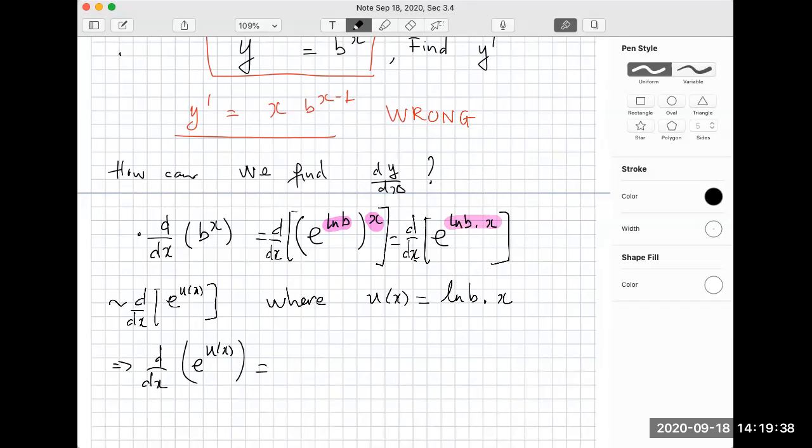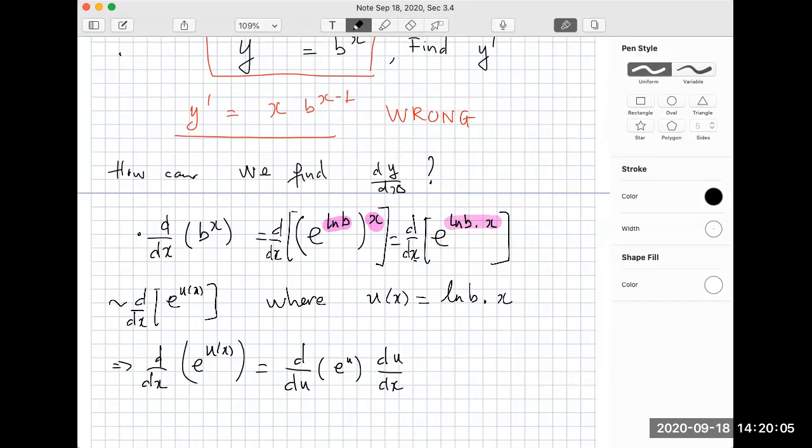Here e to the u is a function, so it would be d over du of e to the u, and then the chain rule tells us du over dx.